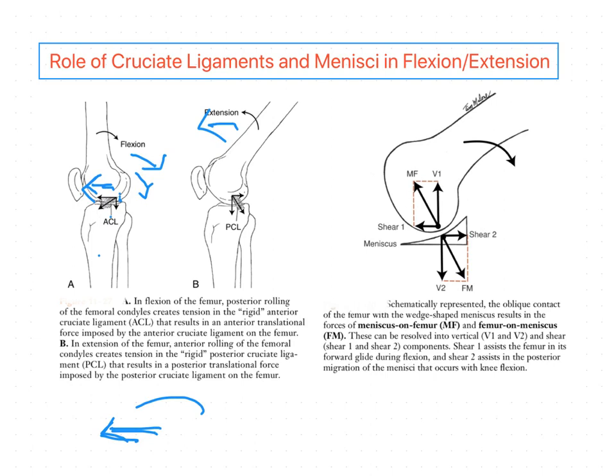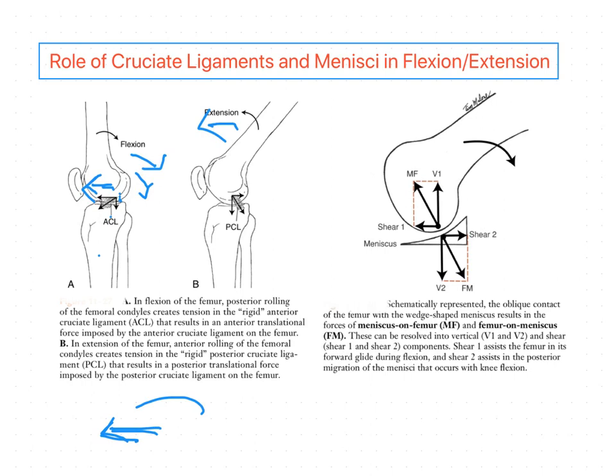So after it becomes rigid, what happens? The tension is created in the posterior cruciate ligament. Once the tension is created, it becomes taut, tightened. So the force is created, and it causes a posterior translation force on the femoral condyles, which causes posterior gliding of the femoral condyle during extension.